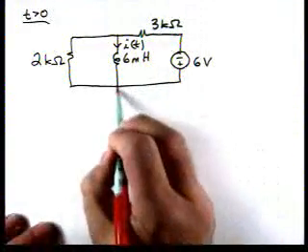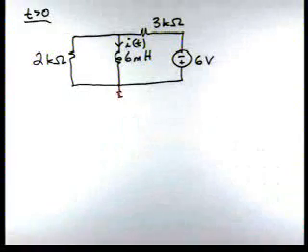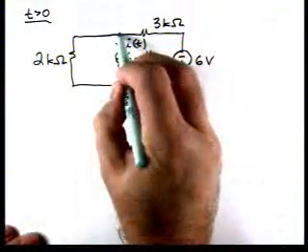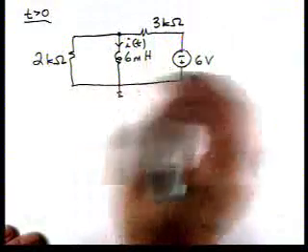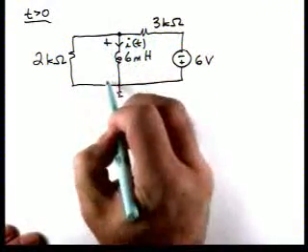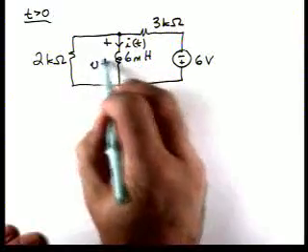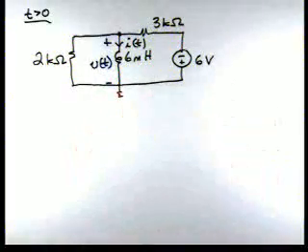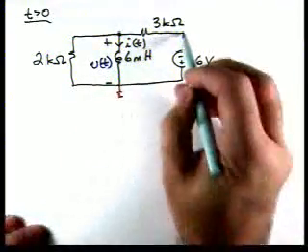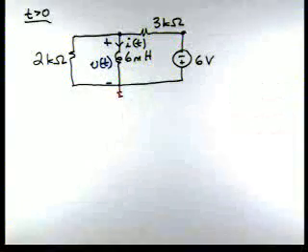Let's define a reference node, and we've basically got a 2-node circuit. I'm going to define this voltage as v(t), and we've got really 3 nodes. We've got 2 node voltages. Here's one, but it's known.